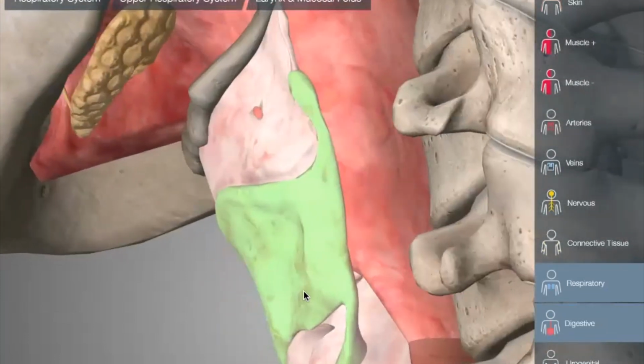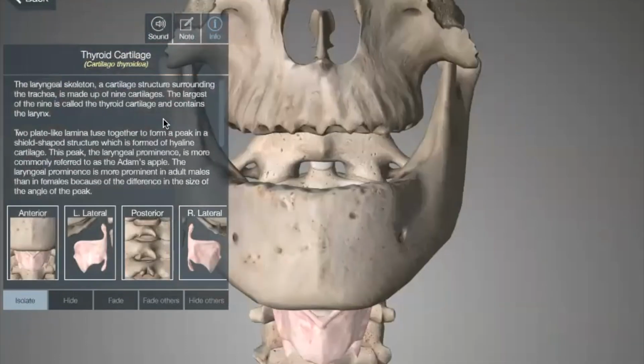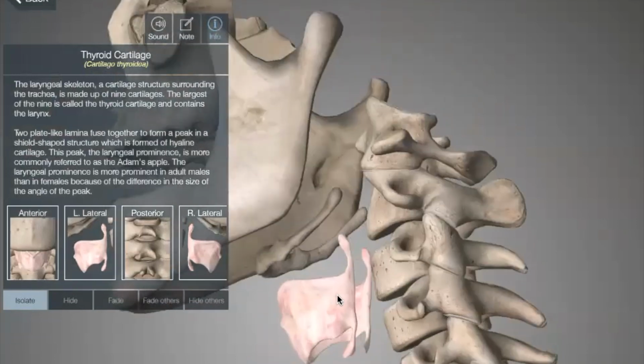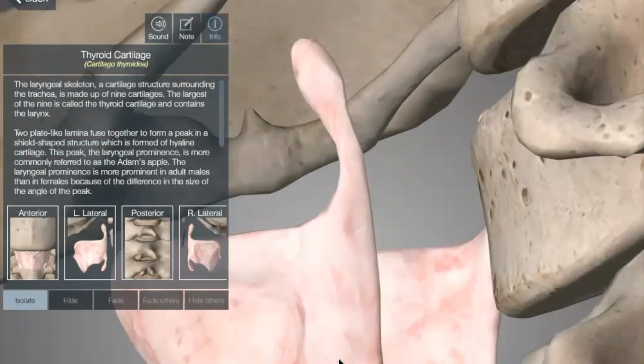Then posteriorly, let's just isolate. I don't know if we can. Yes, we can do it, but posteriorly, both sheets give the superior and the inferior horns.